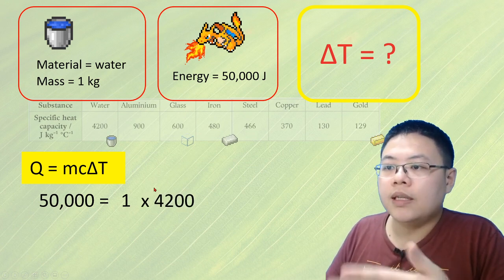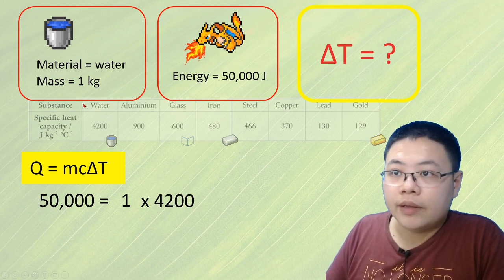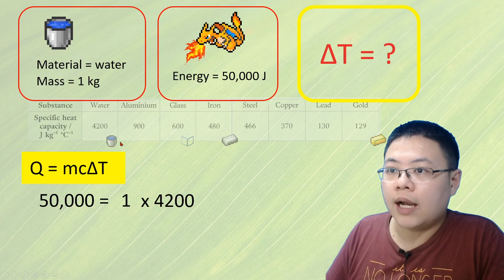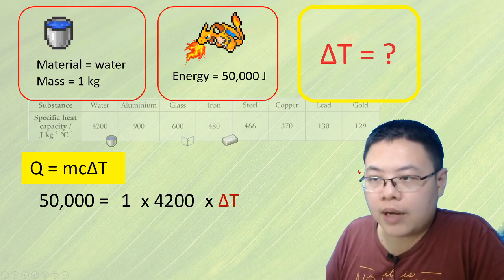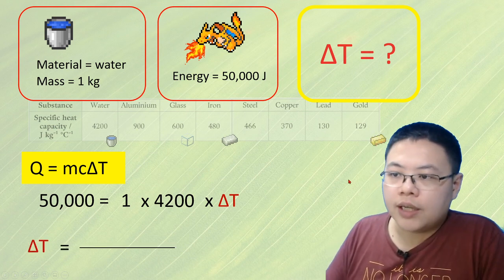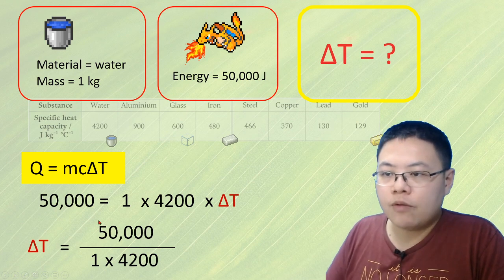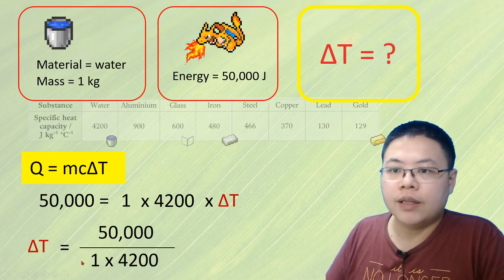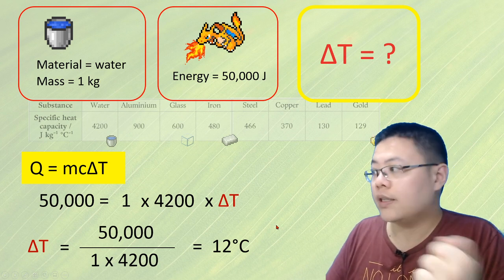Q is 50,000 joule, mass is 1 kilogram, mc delta T. C is water, and we look up from the table, water is 4200. And then delta T is what we want to calculate, so rearrange it to make delta T the subject. It will be 50,000 divided by that, which equals 12 degrees Celsius.